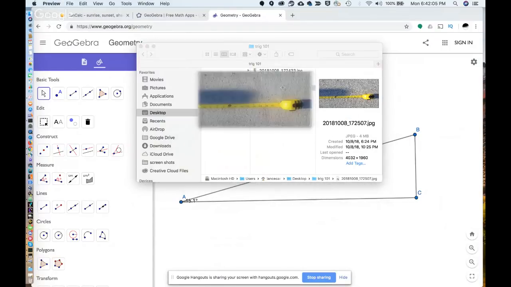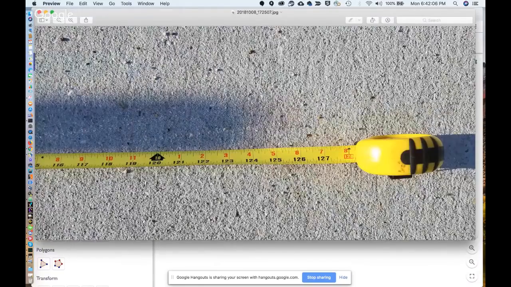This one. Okay. So the length, we're looking for the umbra, which I would say is about right here, which is roughly 123 and a half. Okay, so 123 and a half.